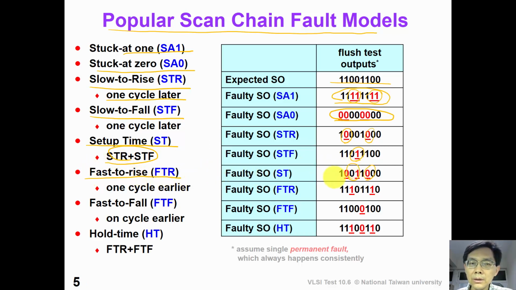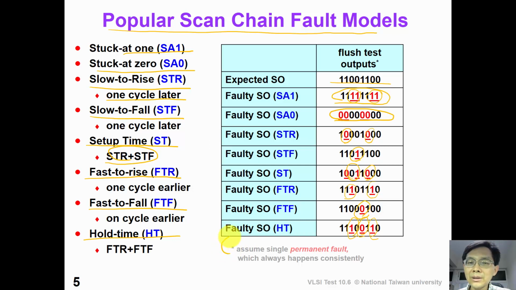Again, we have the fast-to-rise fault, FTR, which means that the rising transition is earlier than expected by 1 cycle. And the fast-to-fall fault is the opposite. The falling transition is 1 cycle earlier. And the hold time fault can be 1 cycle earlier in either rising or falling. This could be caused by hold time violation in the scan chain.